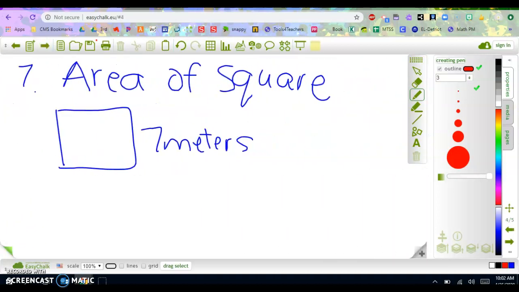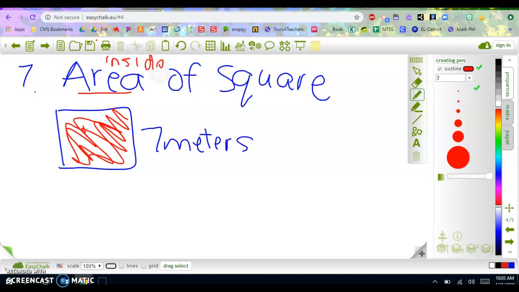The next question is asking me the area of the square. So the first thing I need to think about is area. Well, what is area? What do I have to measure in order to find area? In order to find area, I am thinking of the inside of this shape. So when I think of area, I should be thinking inside. And then it says it's a square.